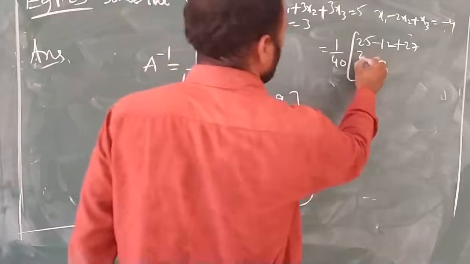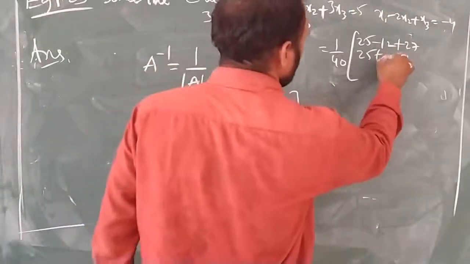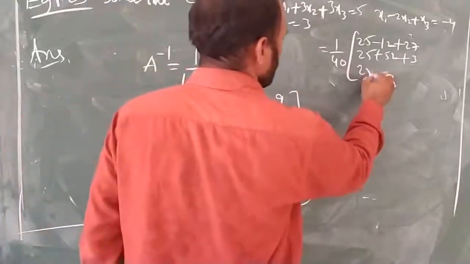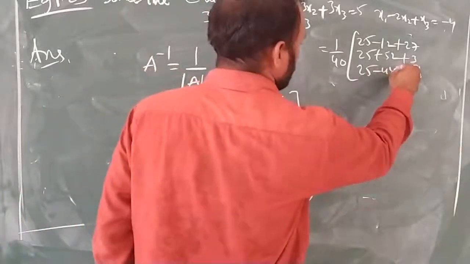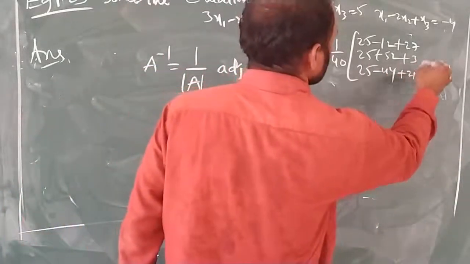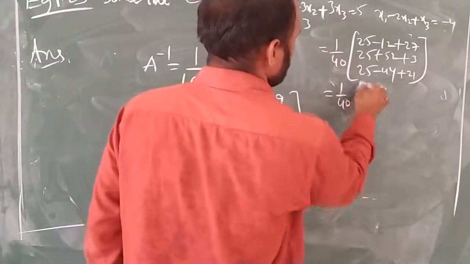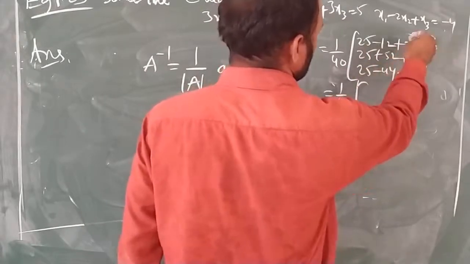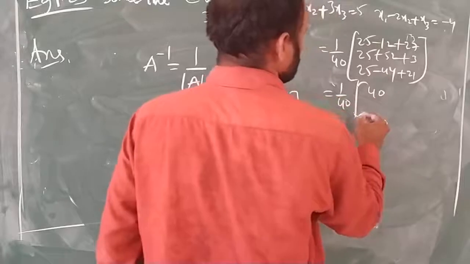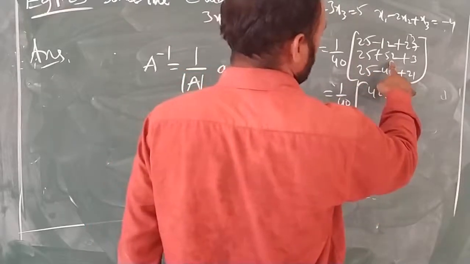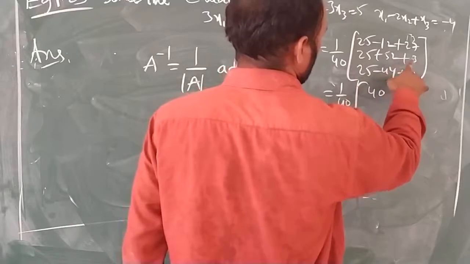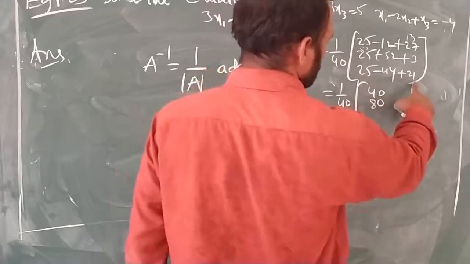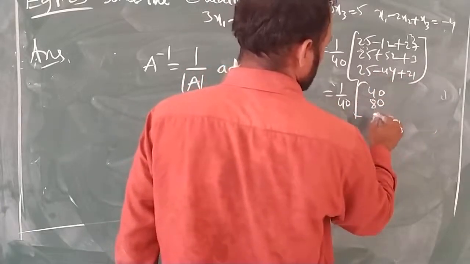Next, 5 5s are 25, 13 4s are 52, 1 3 is 3. 5 5s are 25, 11 4s are 44, 7 3s are 21. So 1 by 40 into, now 25 minus 12 is 13, 13 plus 27 is 40. Next, 25 plus 52 plus 3 is 80. 25 plus 21 is 46. 46 minus 44 is 2.